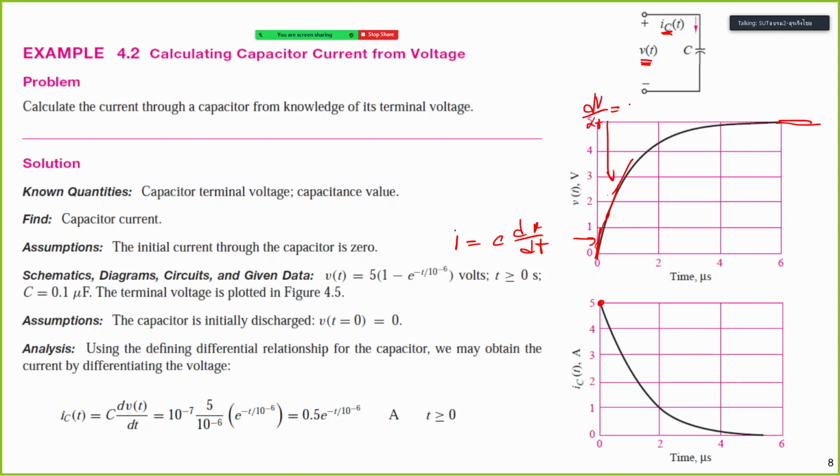It is the slope of this graph, right, which becomes flatter and becomes zero. When it becomes zero, no current flows at all, right? So the current starts with a high value and decreases, and then it becomes zero. So after a long time, if the voltage is not changed, it becomes an open circuit, right? No current flows in this case.